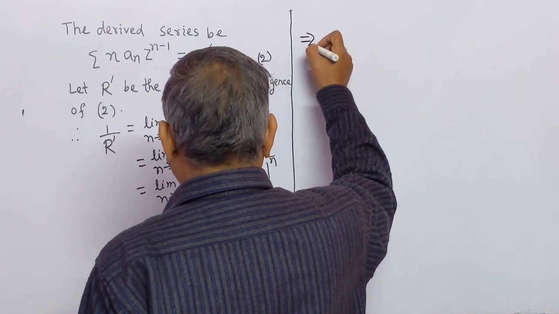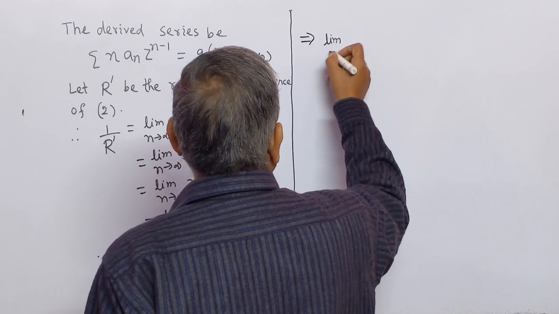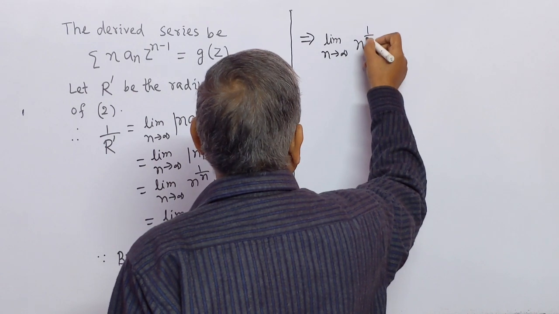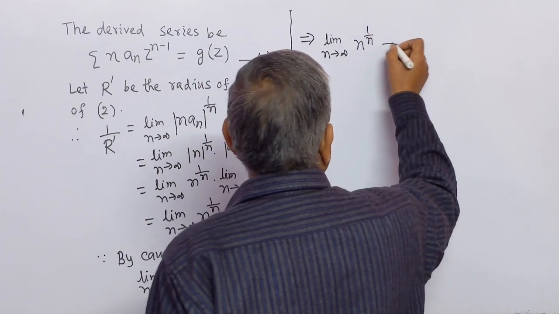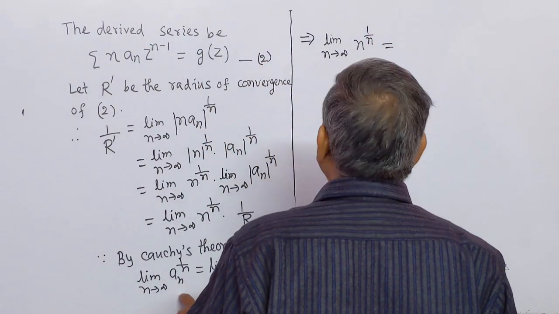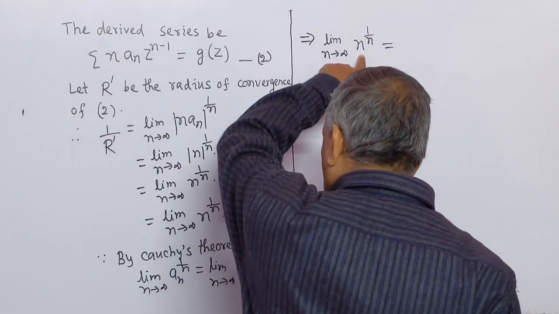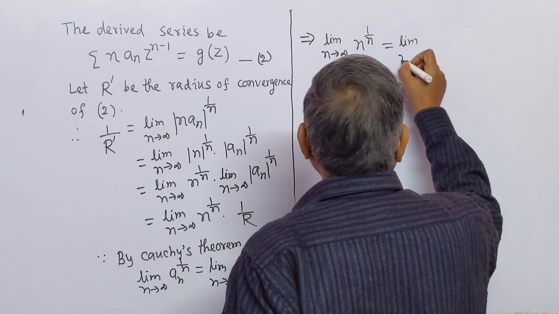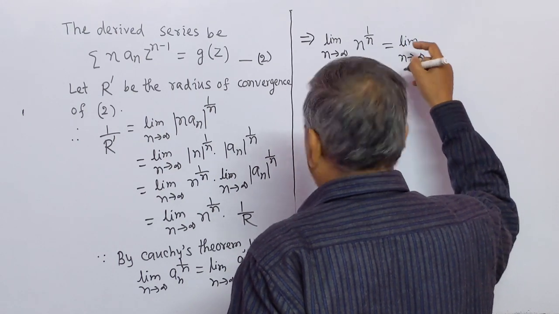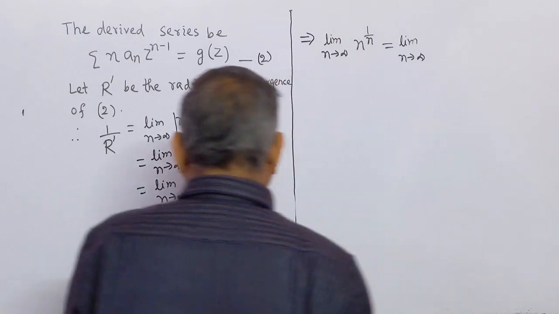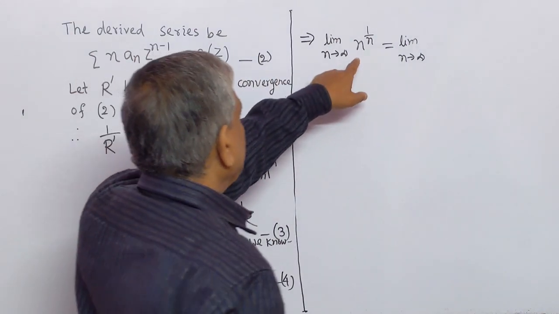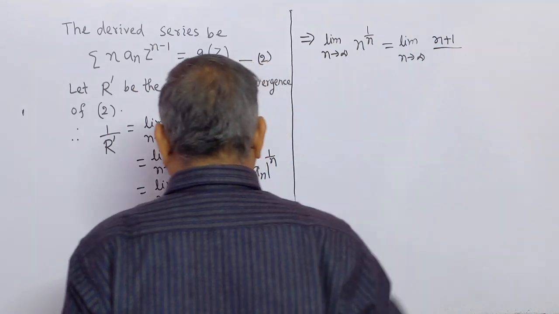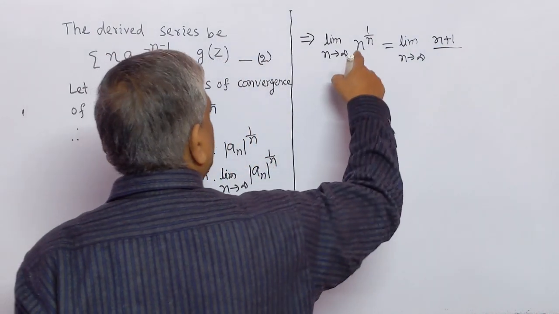It implies that limit n tends to infinity n^(1/n) equals, in place of a_n, if we write n, then the right side will be limit n tends to infinity, in place of a_(n+1) we write n+1, and in place of a_n we write n.